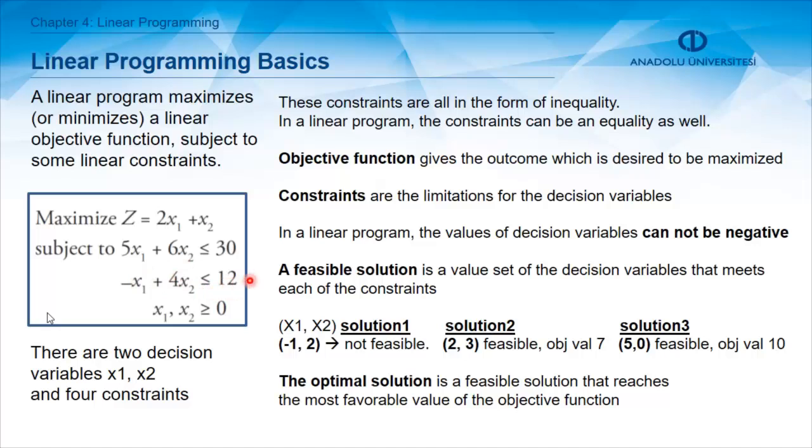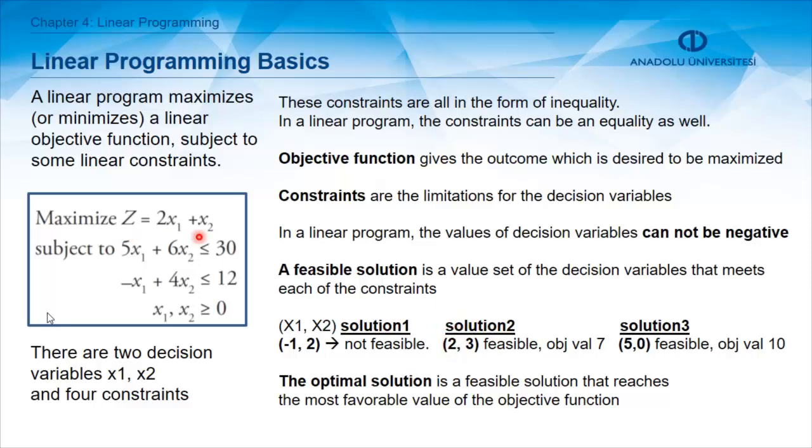So this limitation of the problem is not violated by solution 2. So this constraint is also met. Obviously these are positive, so non-negative constraints are met as well. So this solution is a feasible solution.